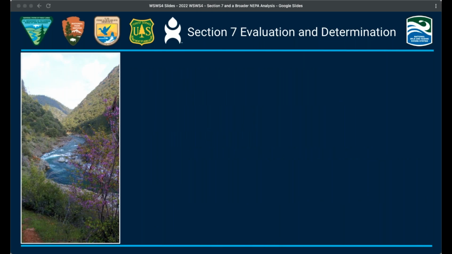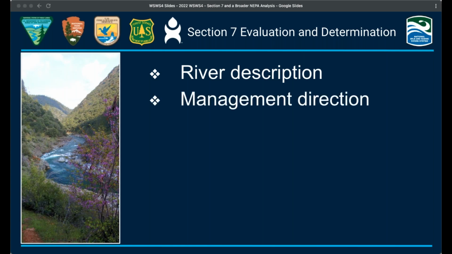Let's take a closer look at the contents of the section 7 evaluation and determination. There are 5 basic components, regardless of the evaluative standard used. First, it provides a description of the river and its values, which vary depending on the standard applied. Second, it lists and examines the management direction that applies to the wild and scenic river and to the project.